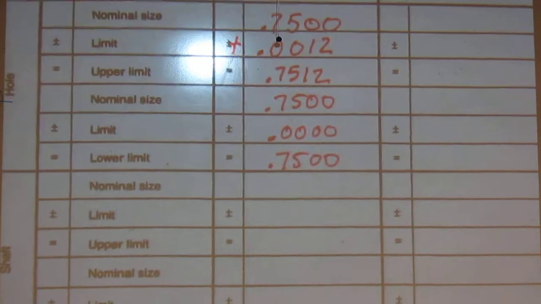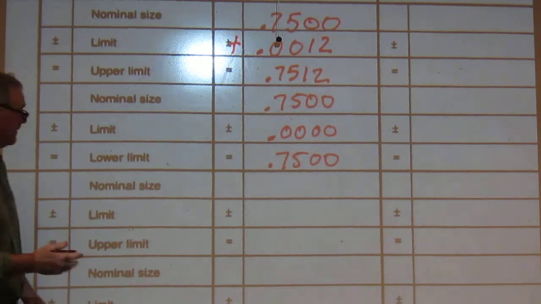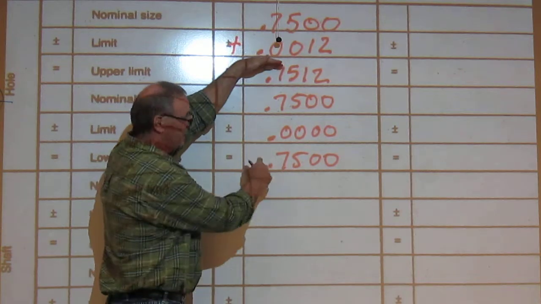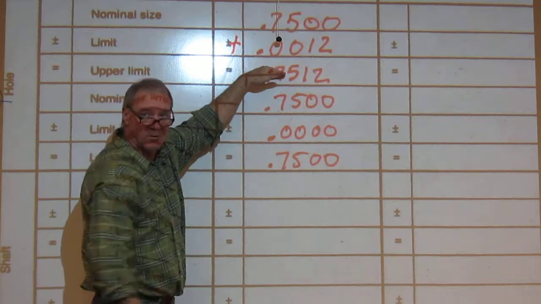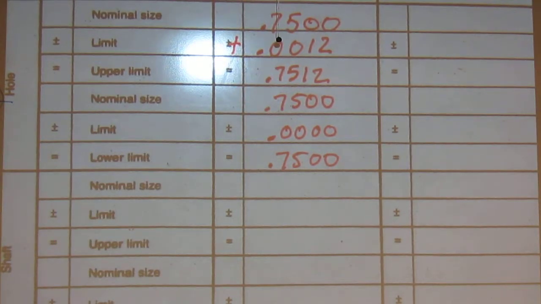This is maximum material condition for the hole. So when quality control gets a hold of this, they'll measure the hole and it needs to fall from 0.7512 to 0.75. Any size in between is an acceptable hole. So you're figuring out your tolerance limits here.